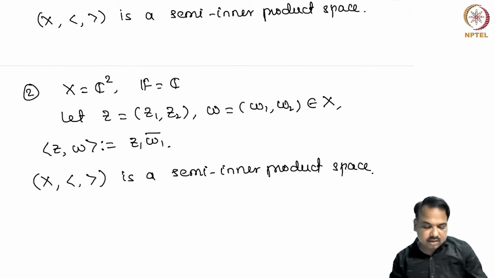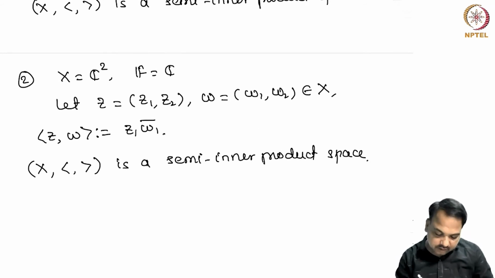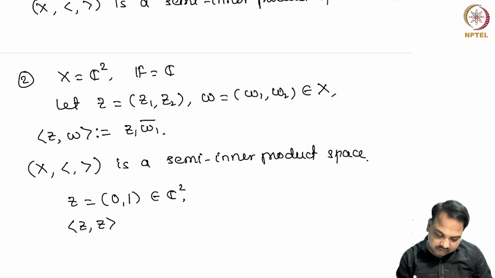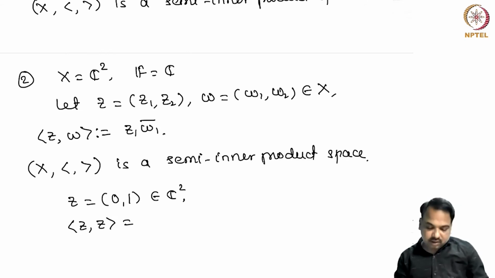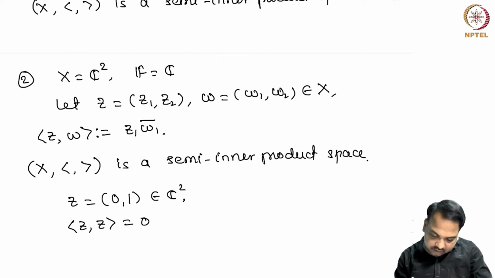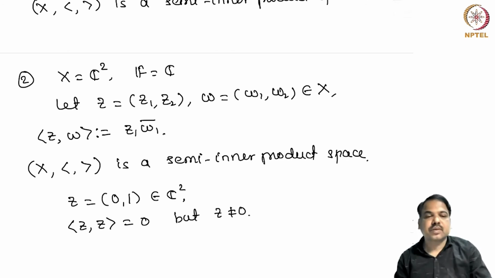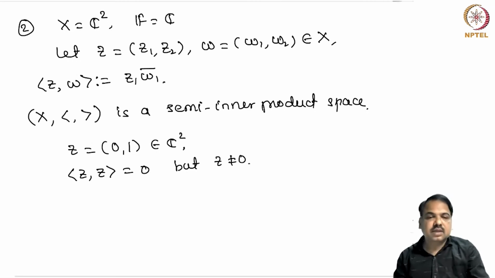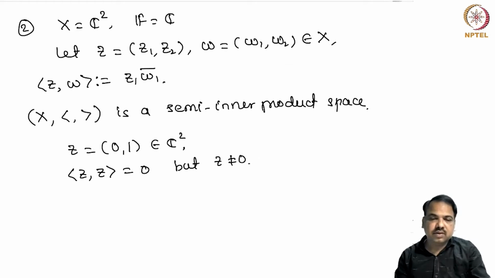If you observe the earlier example and the present example, let us take Z as (0, 1) in C2. Then the semi-inner product of Z with itself, with respect to the above definition, is nothing but 0, but Z is non-zero. That means if you take a non-zero vector Z, the semi-inner product of Z with Z may be 0.